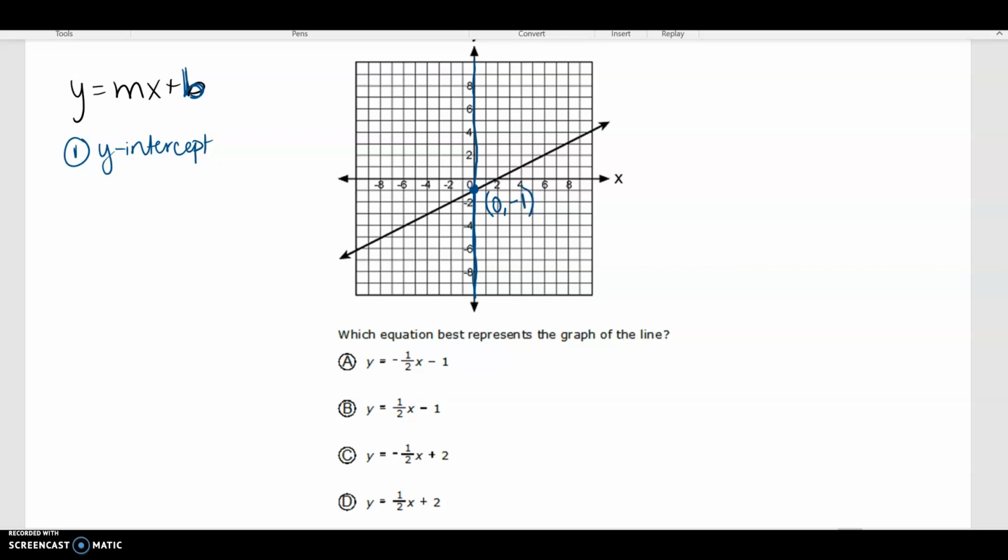And so now that I know that's my y-intercept, I'm going to go down here to my answer choices. I see negative 1, and I see negative 1. I see plus 2. Nope, that doesn't work. And I see plus 2. Again, that doesn't work. So now we're down to 2, which gives me a 50-50 shot, right? So now my step 2 is my rate of change. Okay, so now I'm looking at Louis.